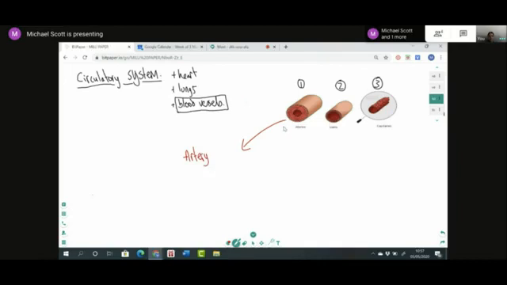This is called an artery. We can tell that this is an artery because it has a very thick muscular wall.